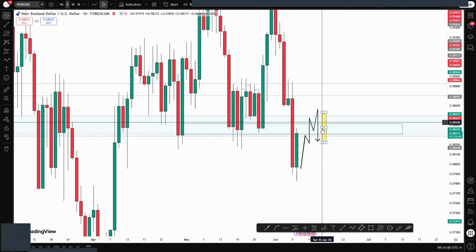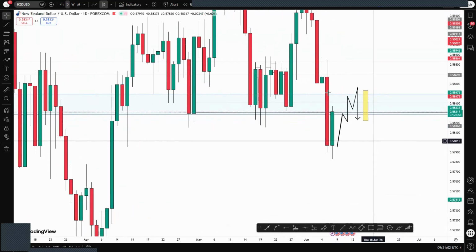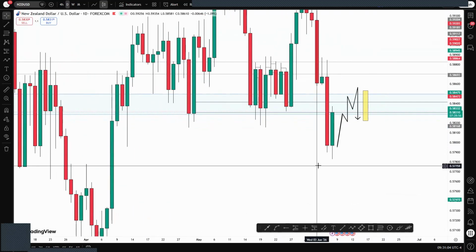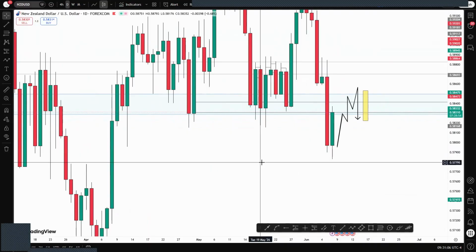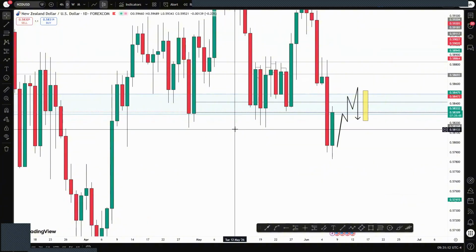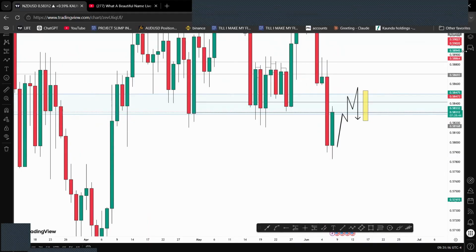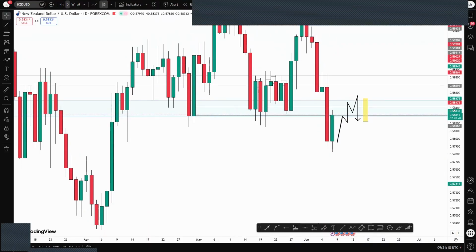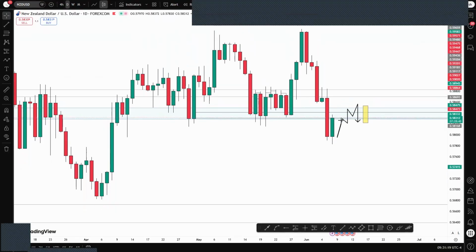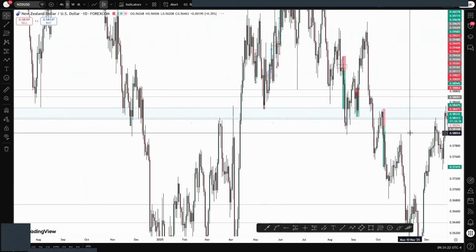So what we have now is price retesting this level. And you know what I came to find out? Even if I wasn't using this holding strategy, price always did this before it continued selling or buying. Always. That I can guarantee you.